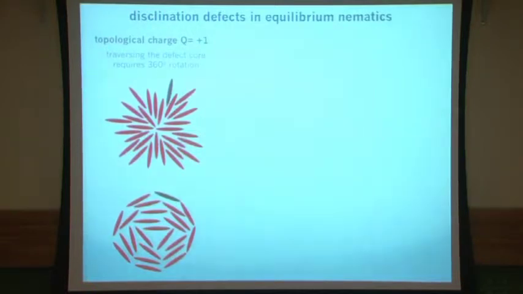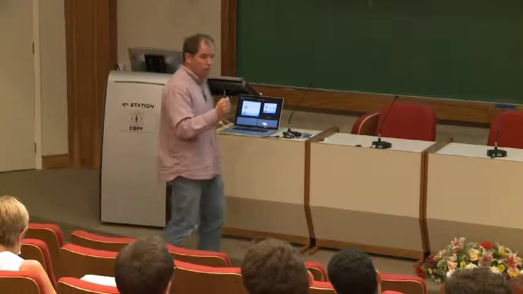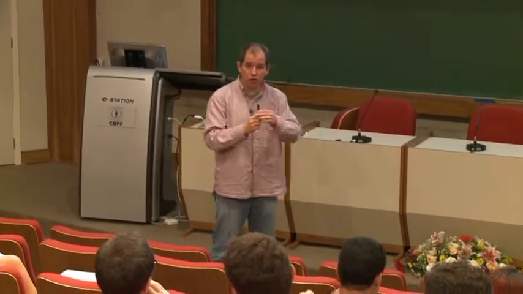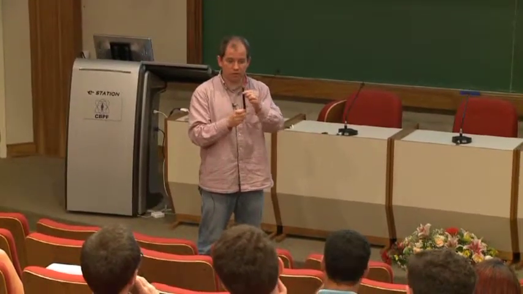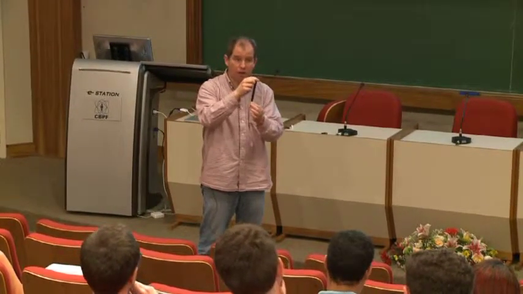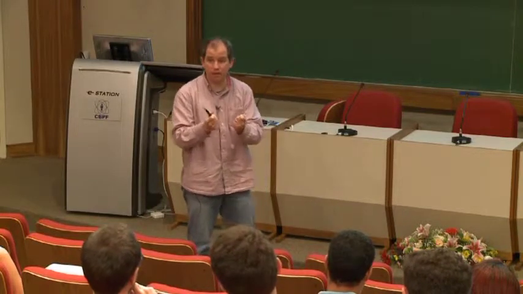You can have these topological defects, and the way you define a topological charge is to take a test rod and complete a circle. If this rod rotates by 360 degrees, you get a topological charge of 1. Now, nematics do not have an up-down symmetry, so you can also rotate a rod by 180 degrees and end up at the same position.